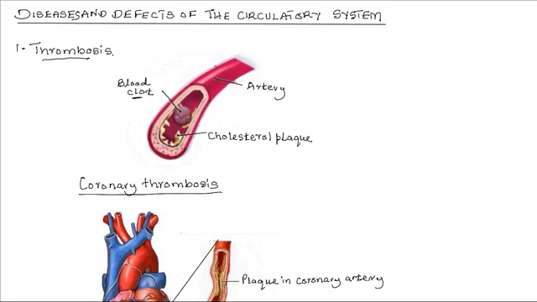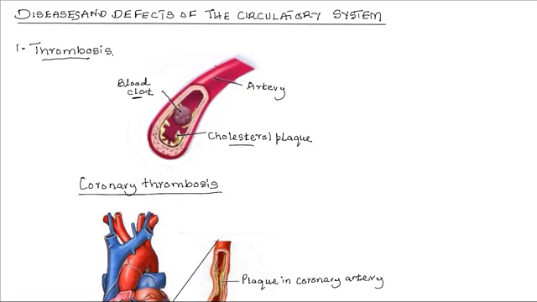One of them is the presence of obstructive structures such as cholesterol plaque within the walls of the blood vessel, or exposure or breakage of the wall of the blood vessel can also lead to the formation of the clot.